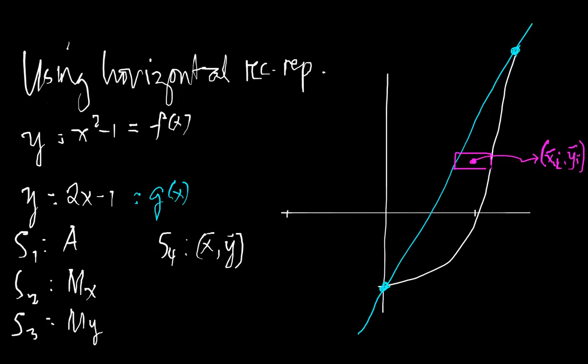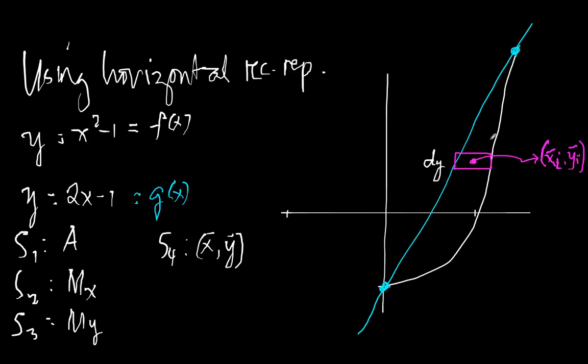Since this is horizontal, these are dy. So let's solve for the area, step number 1. Area is equal to length times width. Our length is the difference of these two: this is our g of x, and this is our f of x.